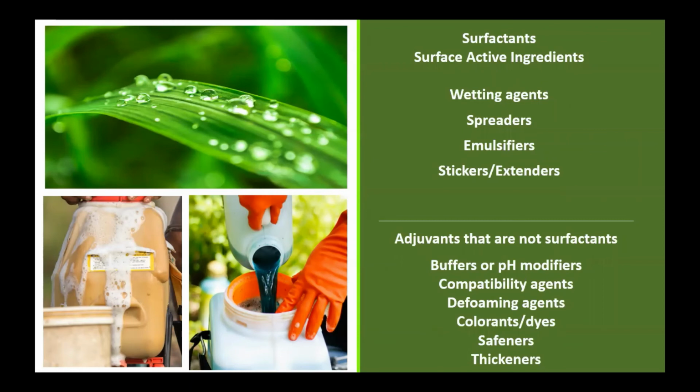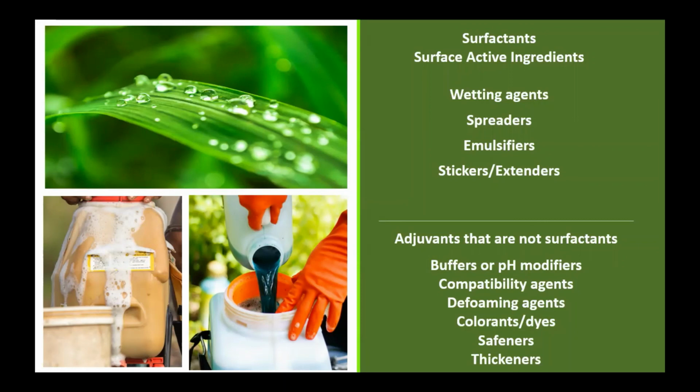You might have heard the term surfactant. Some of the most common types of adjuvants are surfactants, which alter the dispersing, spreading, and wetting properties of spray droplets. Surfactants are also known as surface active agents, and they're a type of adjuvant. Remember, adjuvant is the umbrella term. As you see in the top photo in this slide, the liquid is beading up on the leaf.